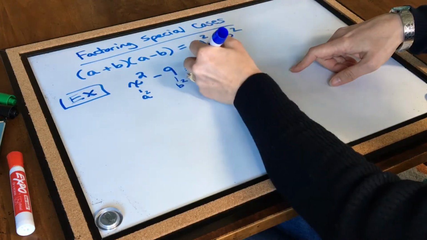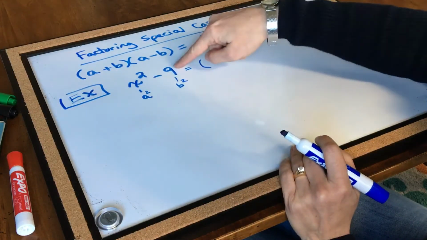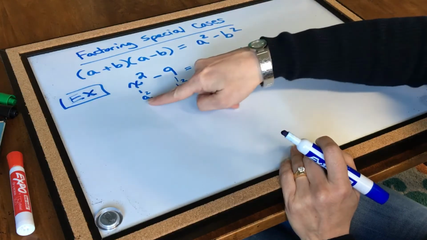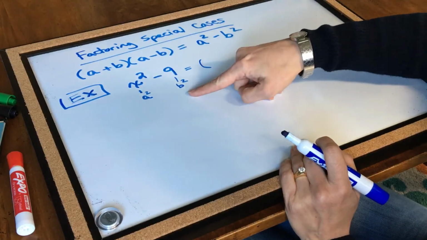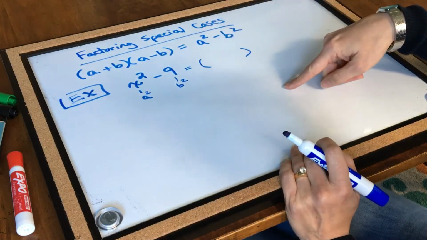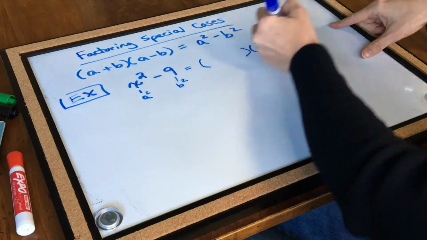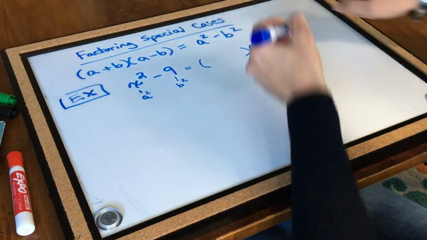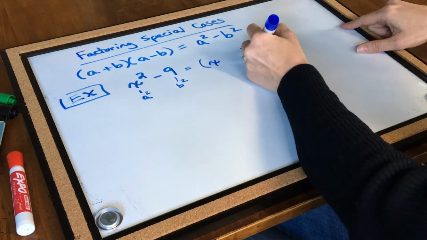What I have to do is really think about what numbers or letters for a and b will give me x squared and 9. So I'm going to put the x in the a position first, so I have my x's over here.